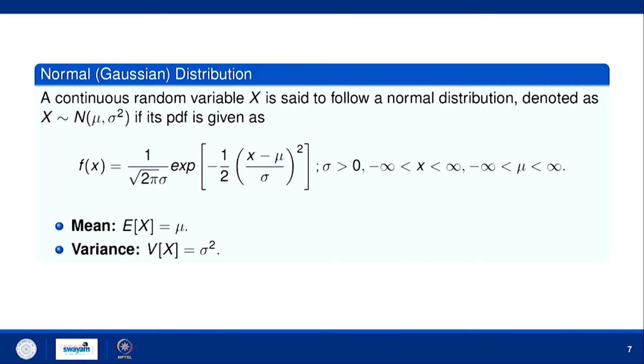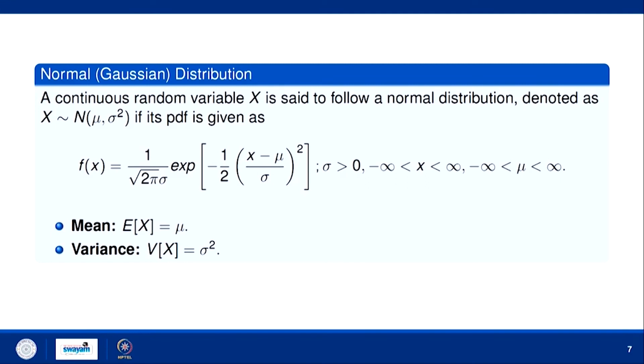So, its mean is mu and variance is sigma square. Basically there are 2 parameters for this distribution. Here mu is nothing but the mean, and sigma is nothing but the standard deviation of this distribution. So, how can we prove it?